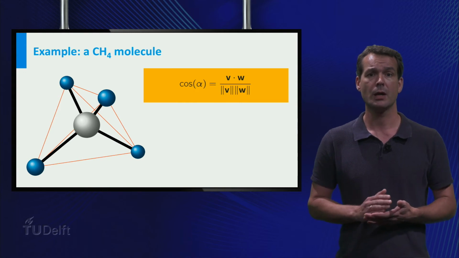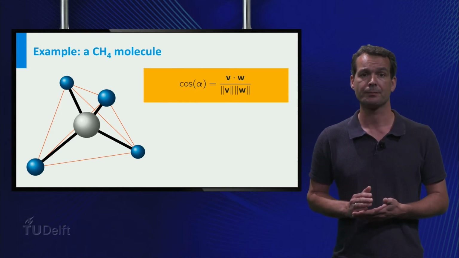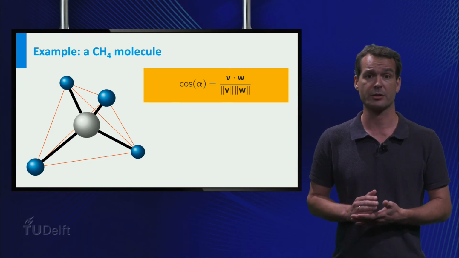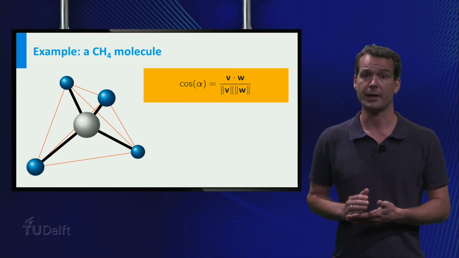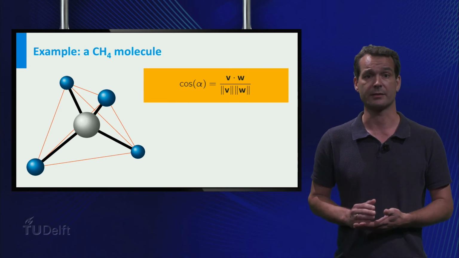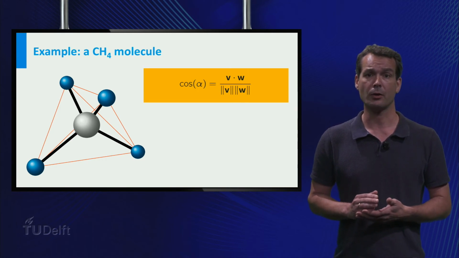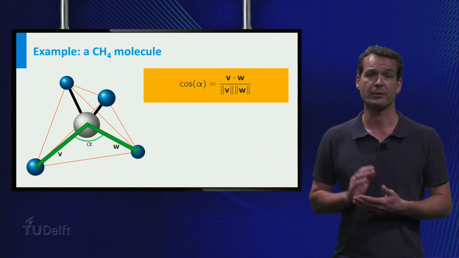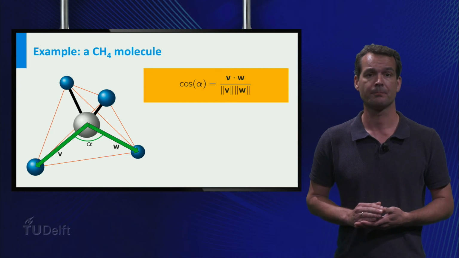As an example, consider a methane molecule. This consists of 4 hydrogen atoms located at the corners of a tetrahedron, and they are attached to 1 carbon atom in the center. We use the angle formula to calculate the bond angle, which is the angle alpha between the vectors v and w in the picture.